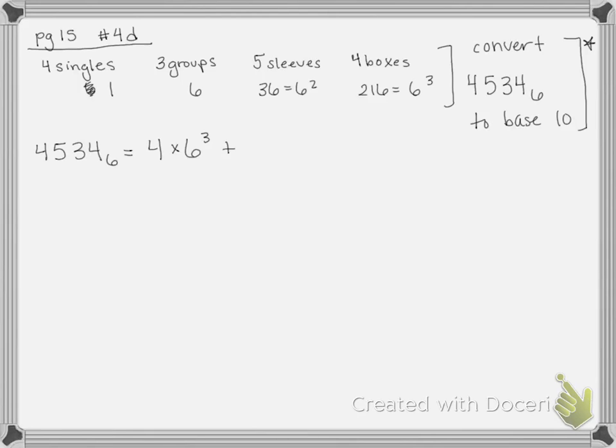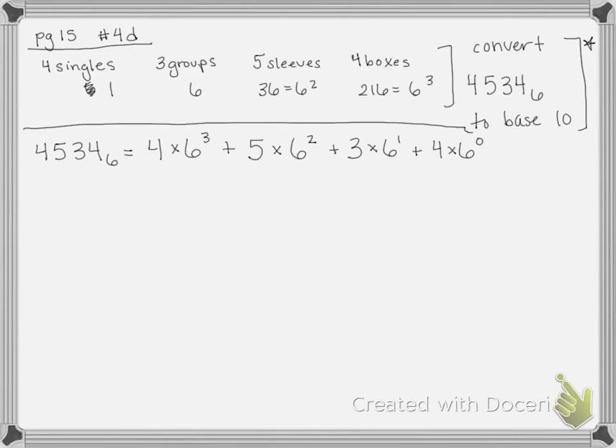Then the second digit we see is a 5, and that matched when we had a power of 2. I'm going to keep going down the line. The next is a 3, and that would be 6 to the 1. And the last one is a 4 times 6 to the 0. Let me just draw a line here so we don't get confused.